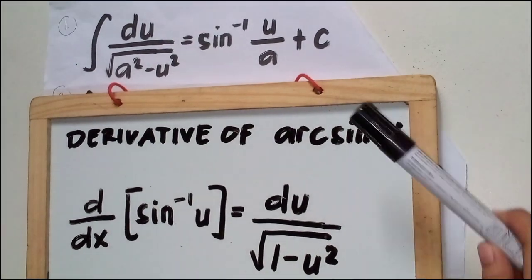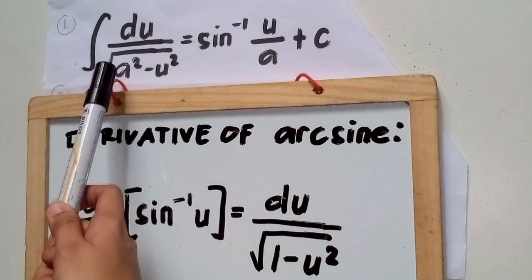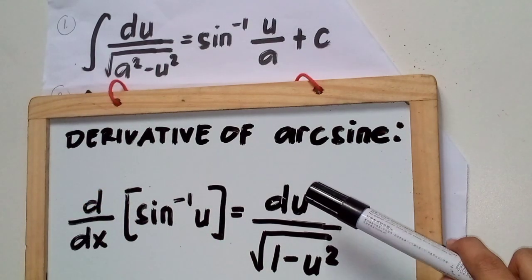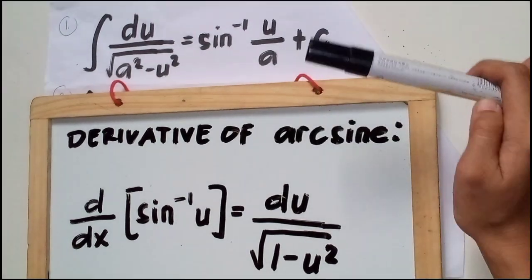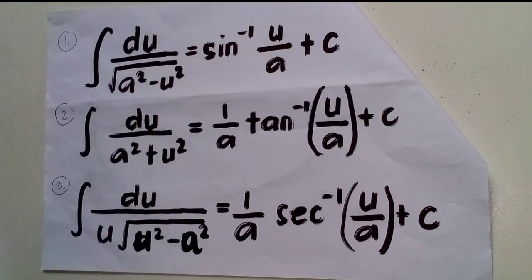So as you observe, the 1 here is substituted by a squared, right? And only the u squared and du are copied. Same as with the second formula and third formula.